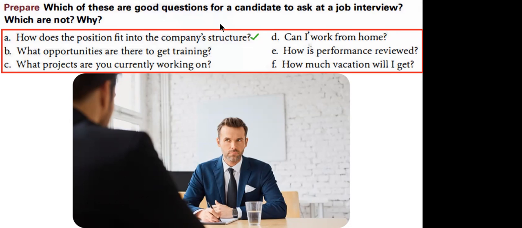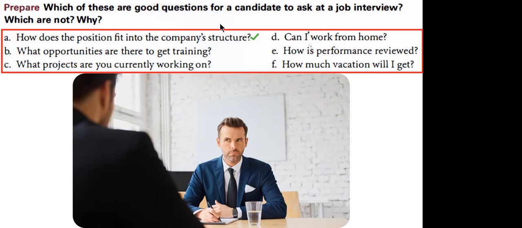What opportunities are there to get training? Well, maybe that one the company gives you. It depends on what position you are. So yes. What projects are you currently working on?